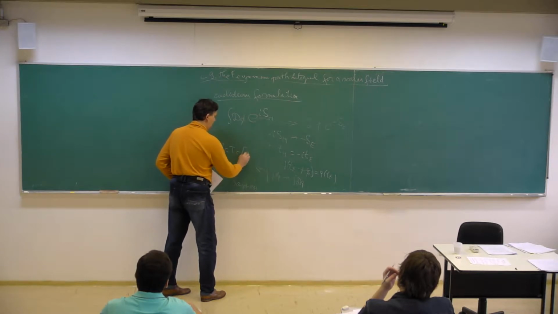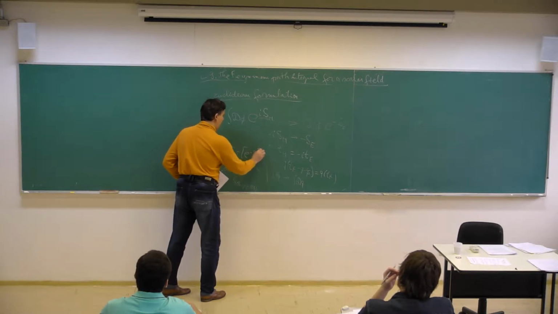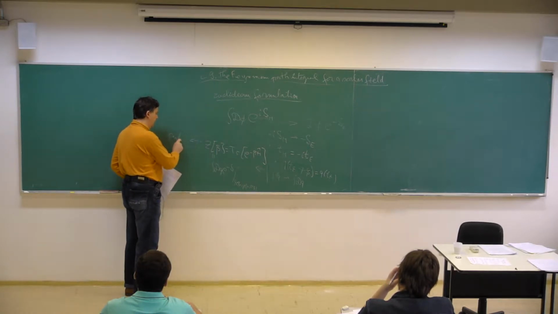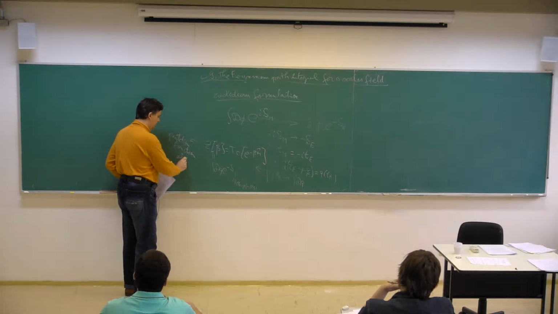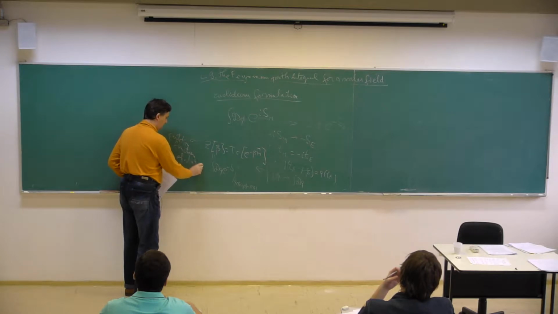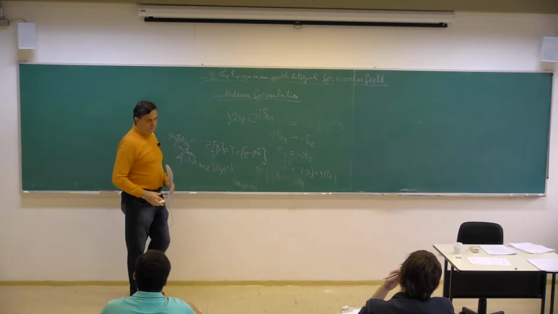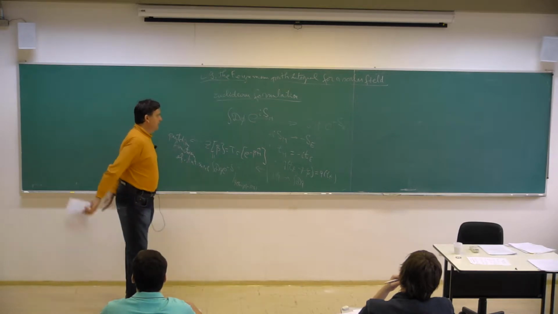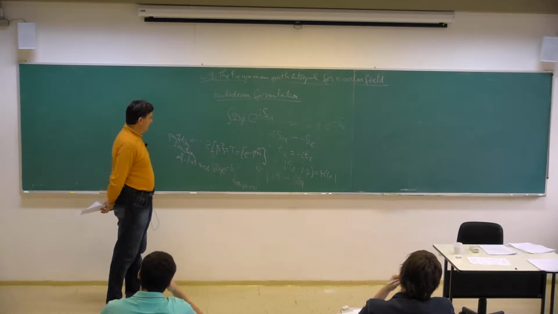Then this is the trace of e to the minus beta H. So this is the actual partition function of statistical mechanics. Hence, we extend this name also to path integrals, and we call this path integral also a partition function.